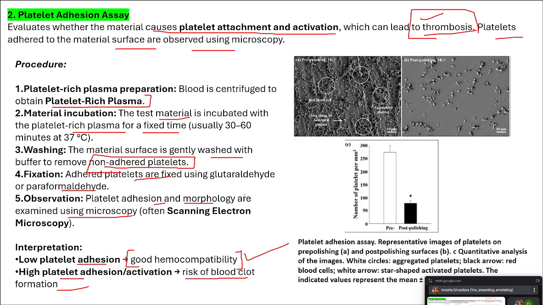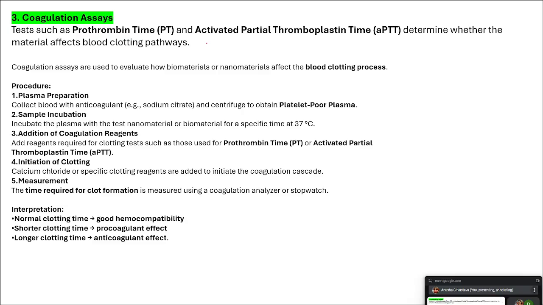So this is one of the other methods used to check hemocompatibility. Mostly people do the hemolysis assay because it is easier to do, and you can simply get an idea. For platelet adhesion, you have to do scanning electron microscopy to see if platelet adhesion is happening. This is another method. Now the third one is the coagulation assay.